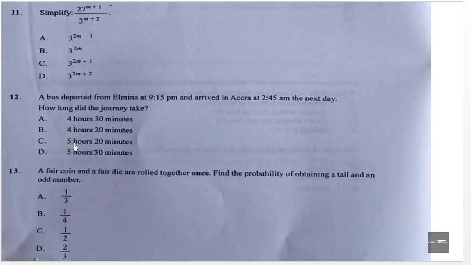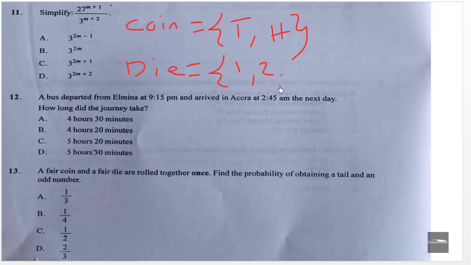A fair coin and a fair die are rolled together once. Find the probability of obtaining a tail and an odd number. So the coin has this sample space, tail and head, and the die will have the sample space 1, 2, 3, 4, 5, 6.